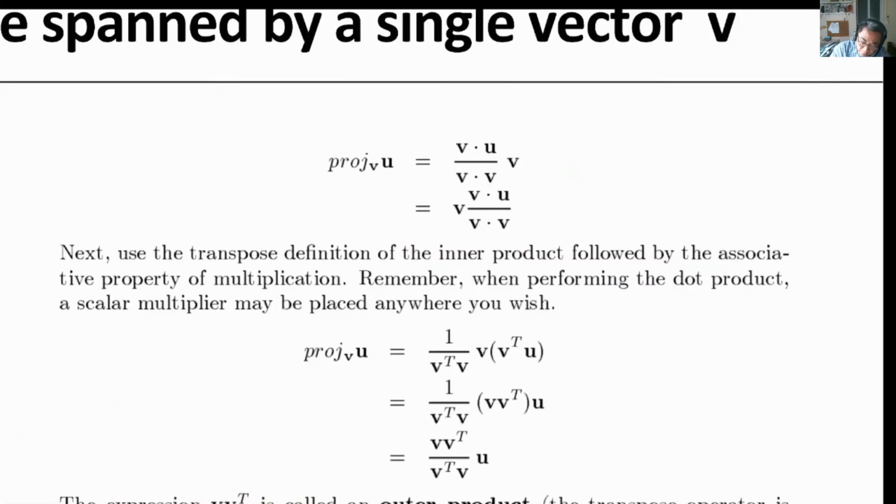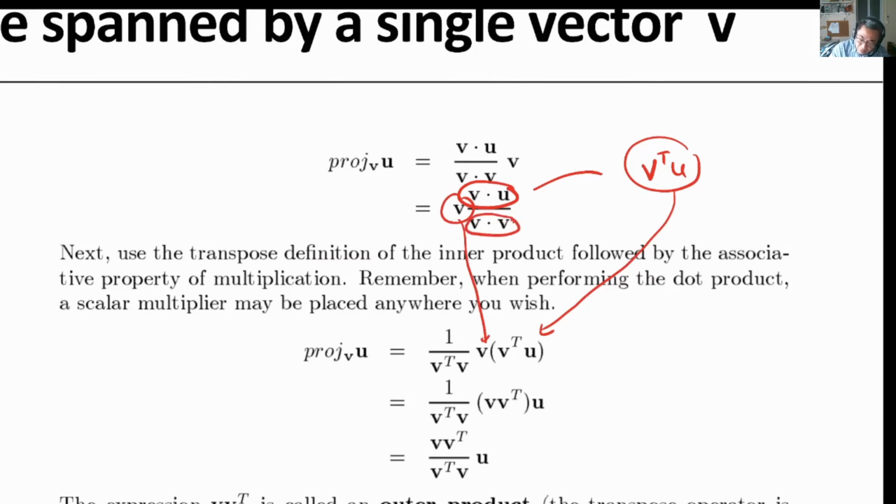We are going to manipulate V dot U, the dot product between V and U vectors, which can be written as V transpose U. So this V is here. We have not changed a single thing.